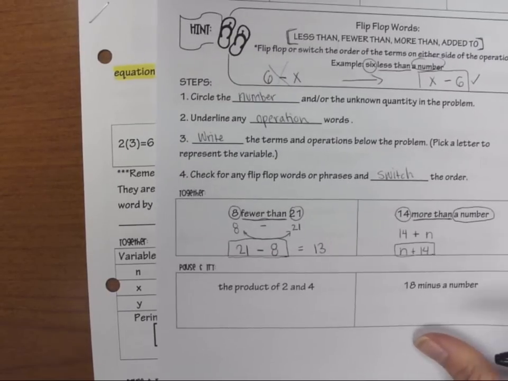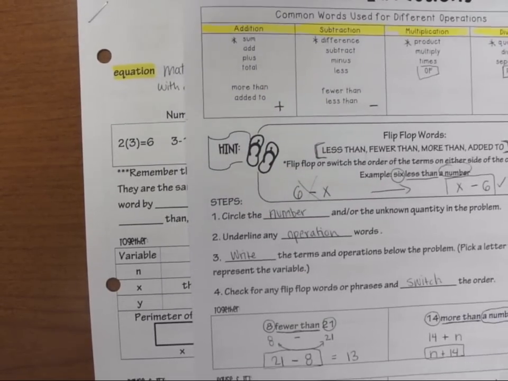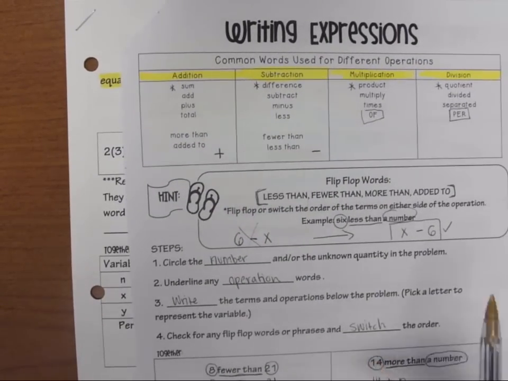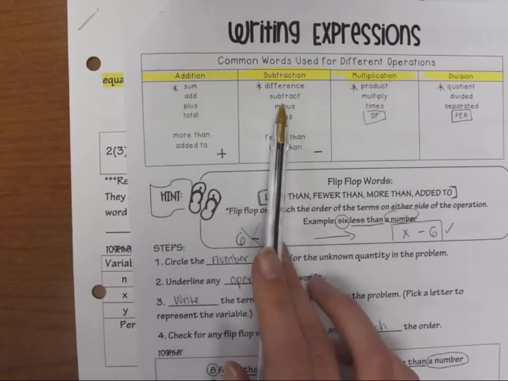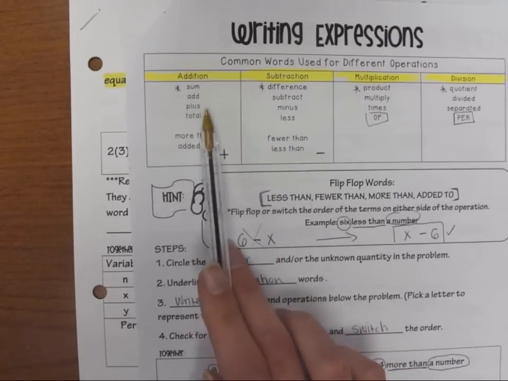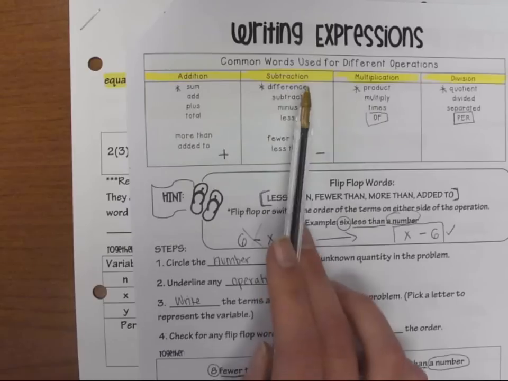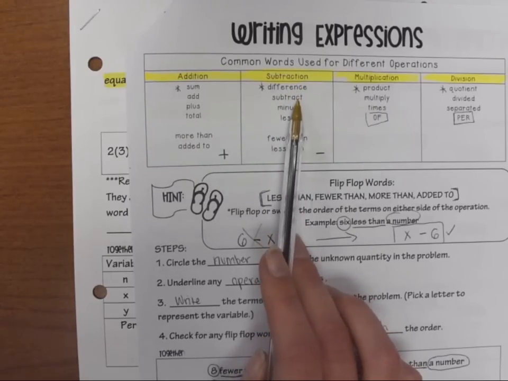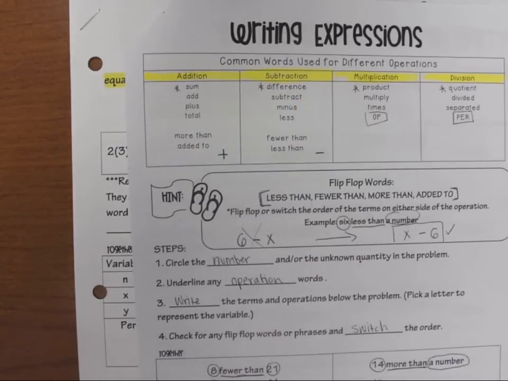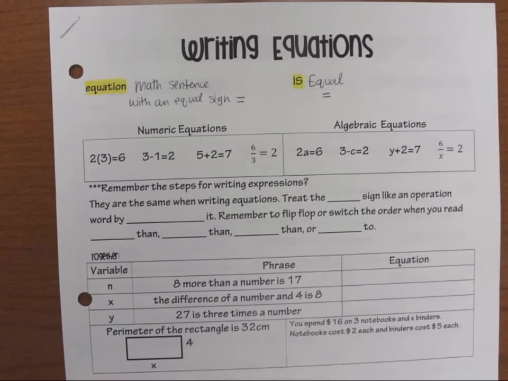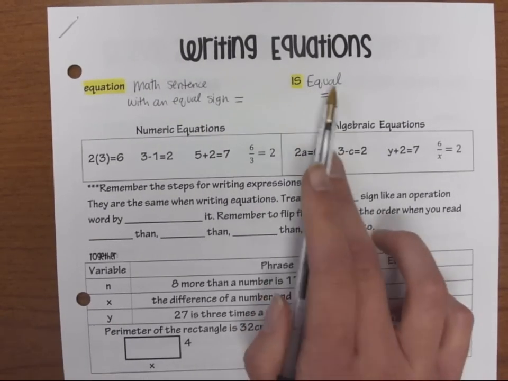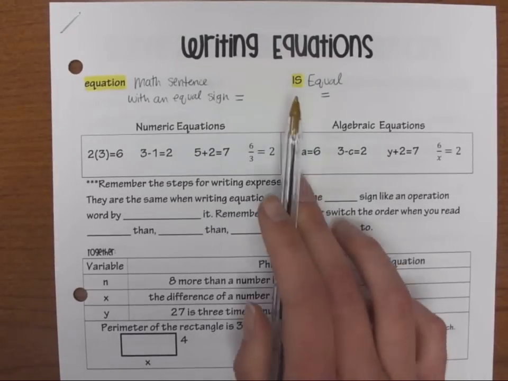When we were writing these, we had a whole bunch of steps that we followed and a whole bunch of words that told us which operation to use. So addition words were things like sum, add, plus, total. Subtraction words, difference, subtract, minus, and so on. In this lesson, we're going to learn one more word that's special.